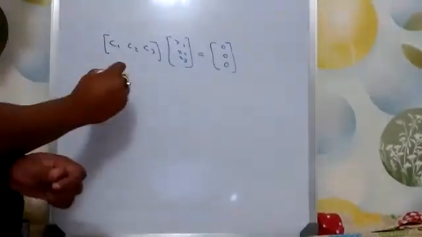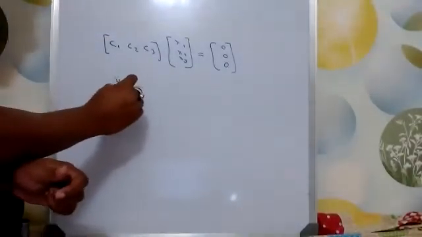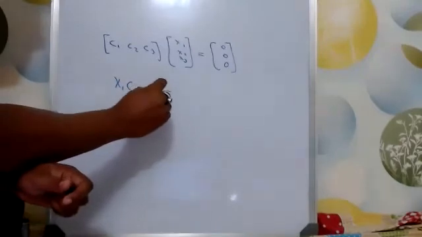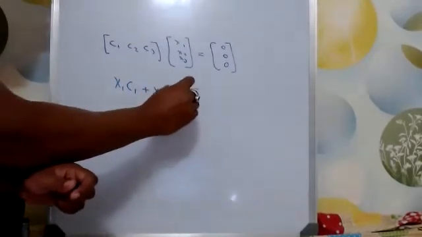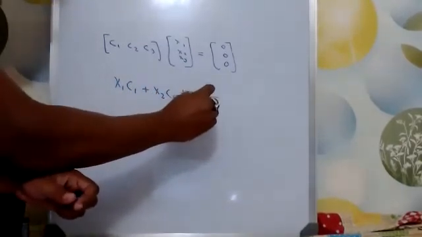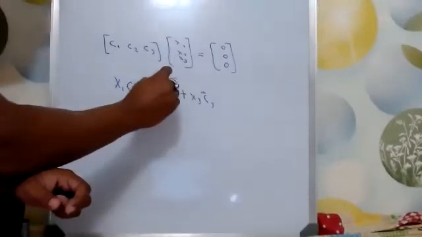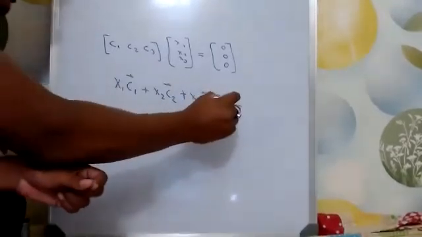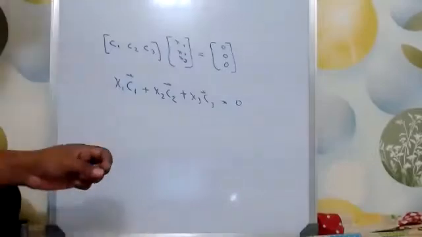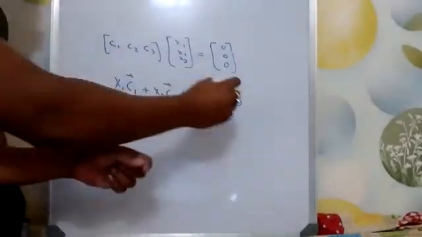So that means x1 times C1 plus x2 times C2 plus x3 times C3, these are vectors, is equal to 0. Okay, the zero vector.